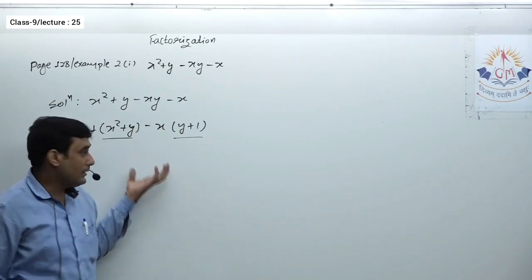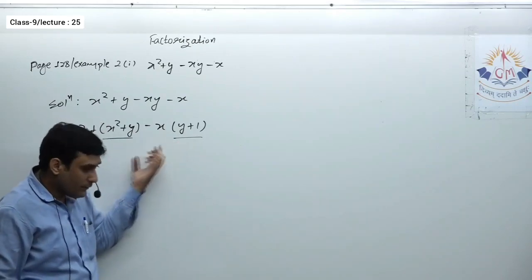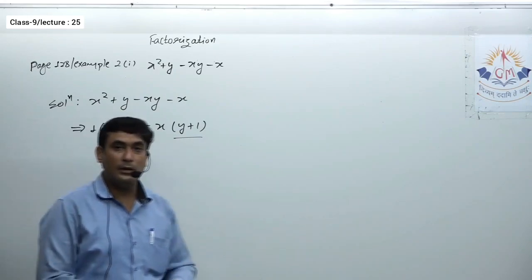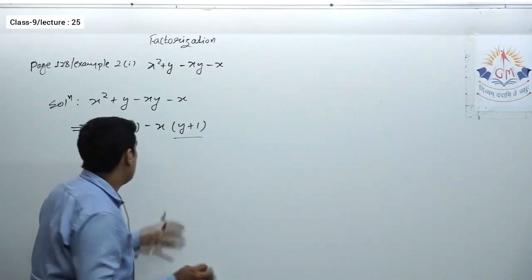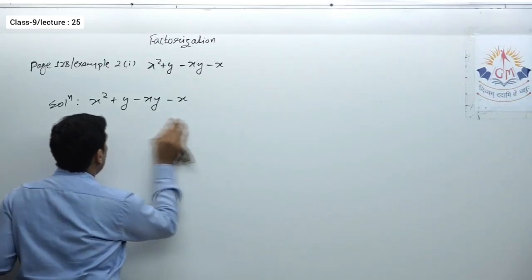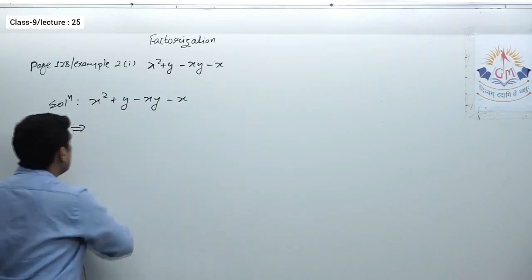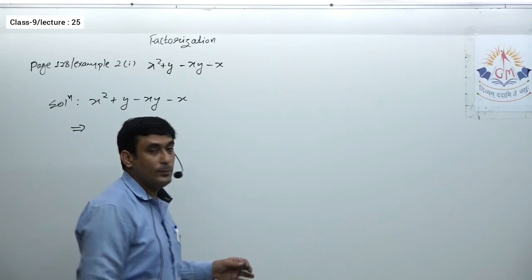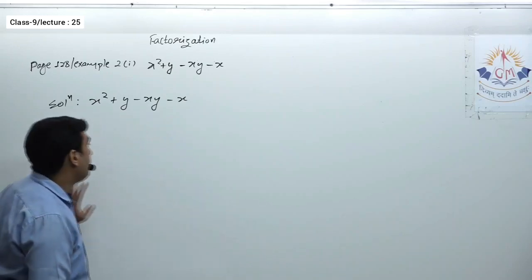Why so? Because if they contain the same expression, we can solve it further. But here these two brackets do not contain the same expression. It means definitely we have to make changes in the position of these terms. That means we have to rearrange them.